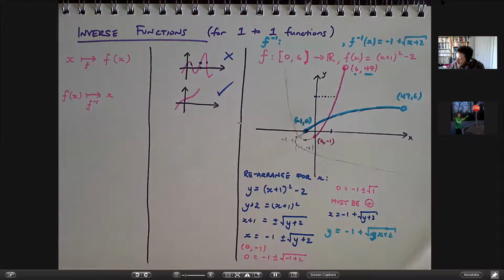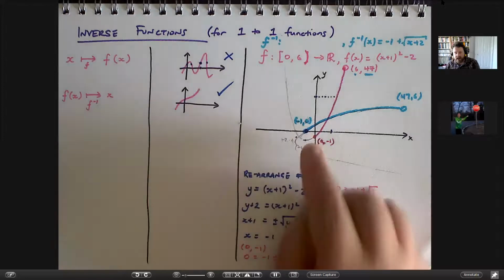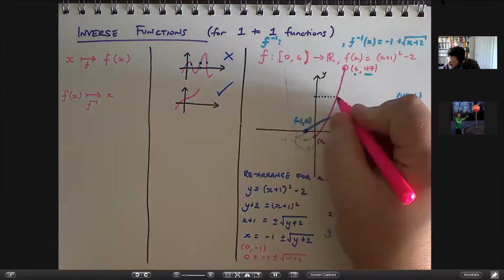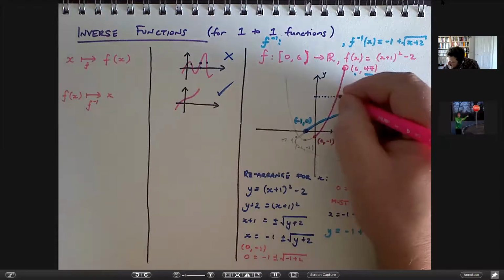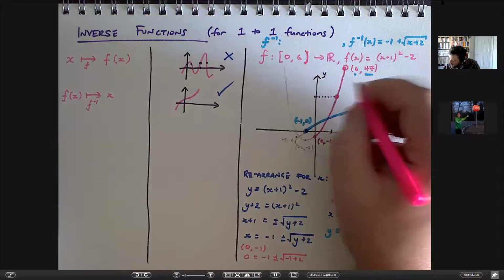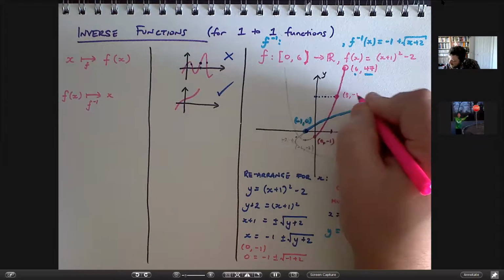Okay. So notice that these two graphs are reflections of one another. In fact, I'm just going to add one more point. Let me add in x equals 3. So this is going to be 3, -1 plus √5.